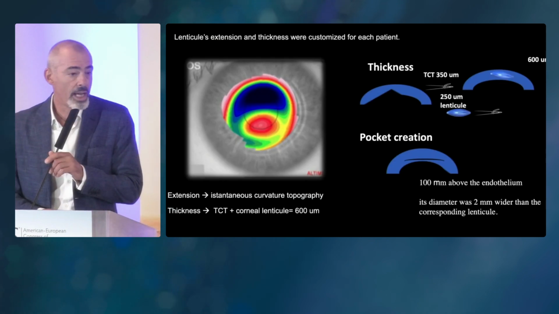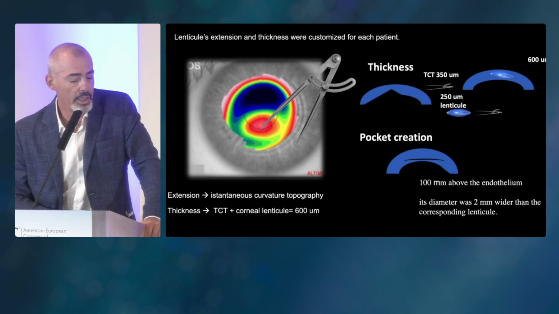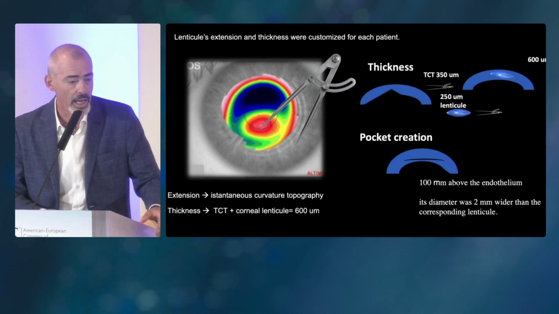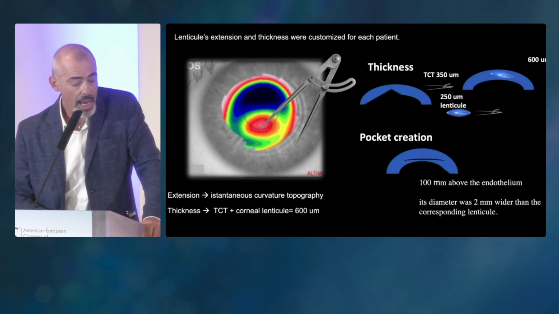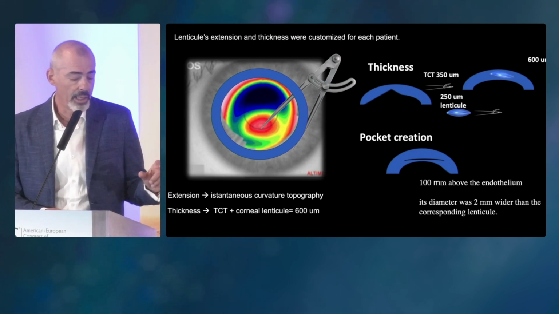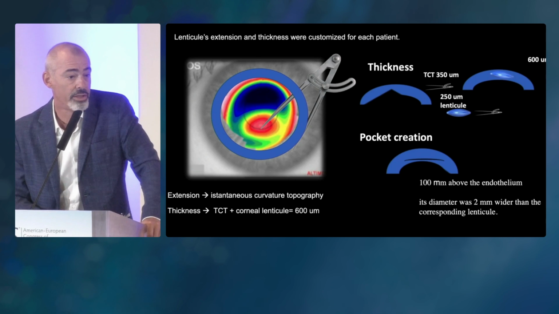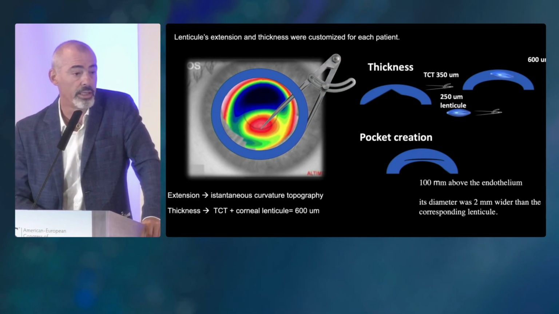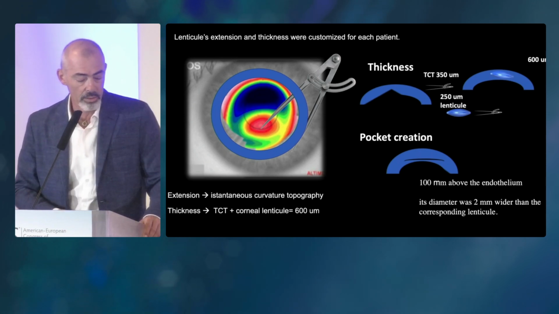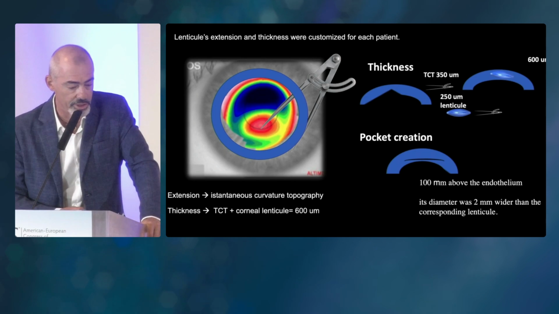We tried to customize the lenticle for each patient, and we decided the diameters of the lenticle based on the ectatic area on the tomography, and we calculated the thickness of the lenticle in order to obtain a total corneal thickness of 600 micron. The pocket was created very deep, 100 microns above the endothelium.